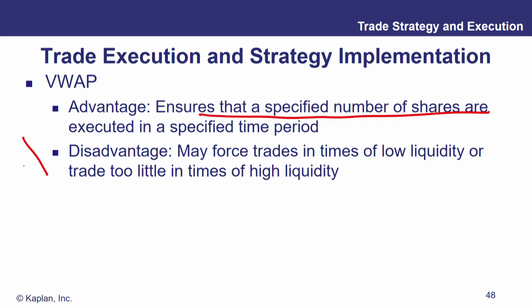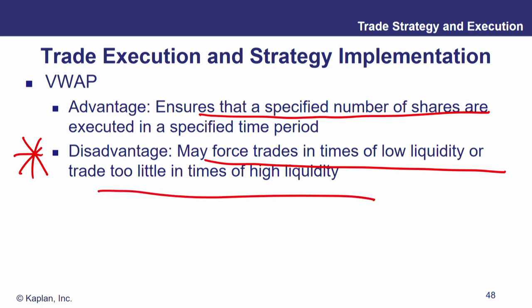But what is the disadvantage? It may force trades in times of low liquidity or trade too little in times of high liquidity. So again, not exactly what I was hoping for in disadvantage, but at least it's going to ensure that a specified number of my shares are going to get traded.